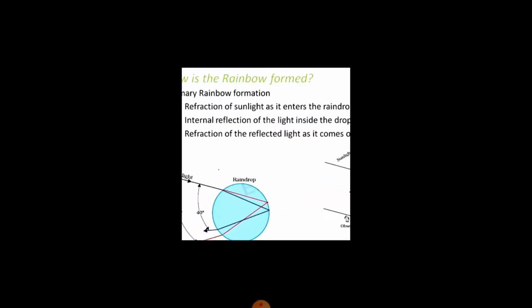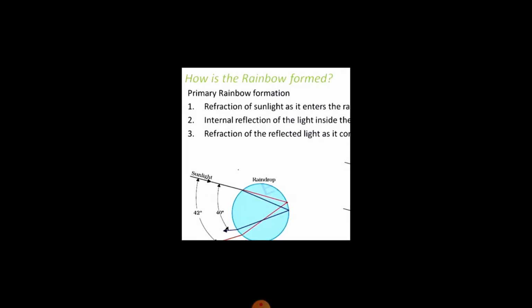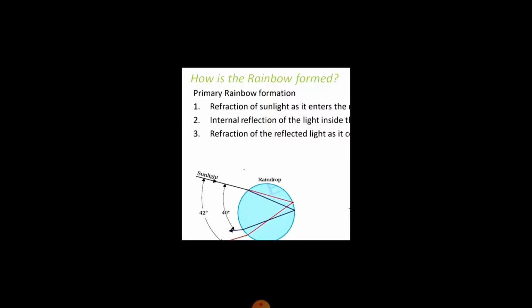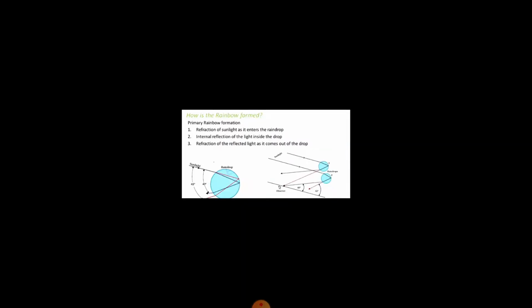So while entering the raindrop there was refraction, inside there was internal reflection when the light strikes the boundary of the raindrop and comes back, and again when it comes out from the raindrop to the atmosphere, refraction takes place.